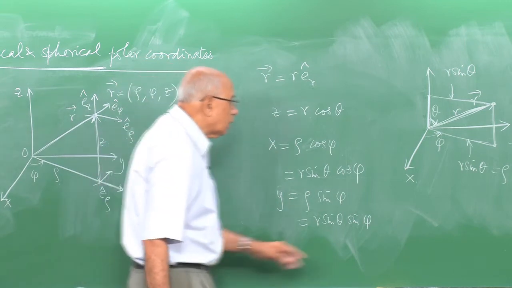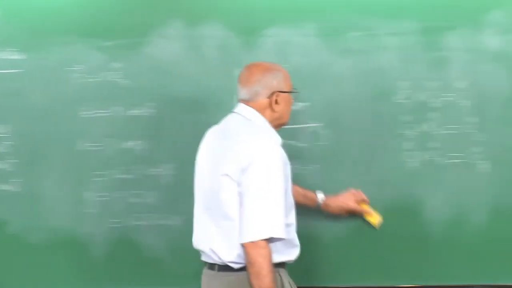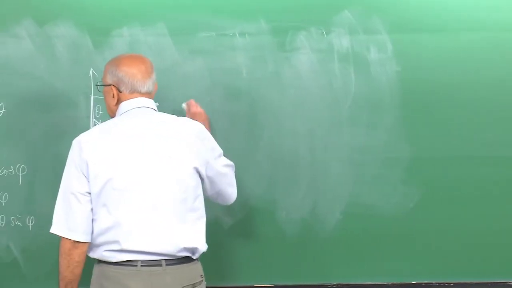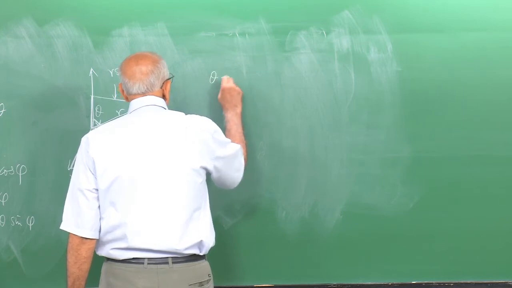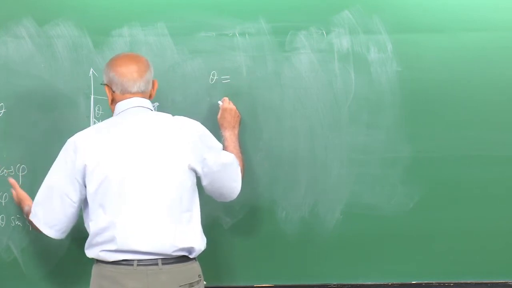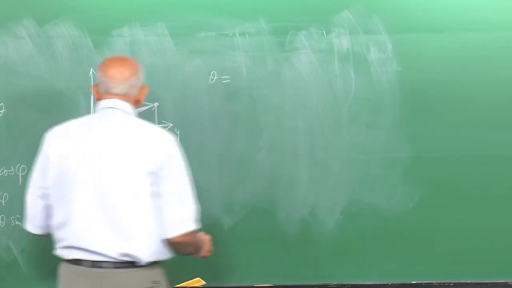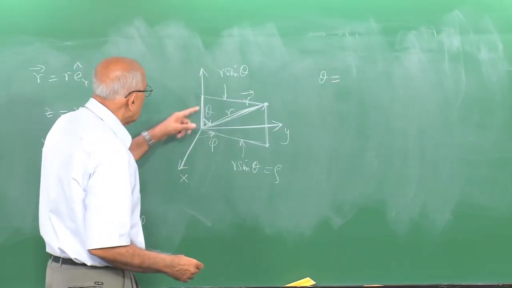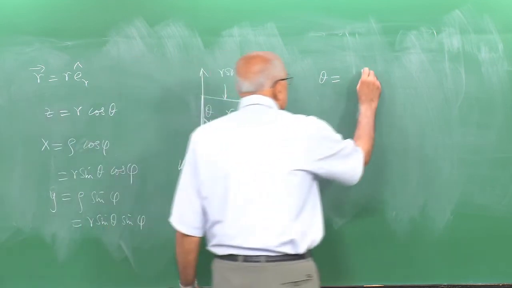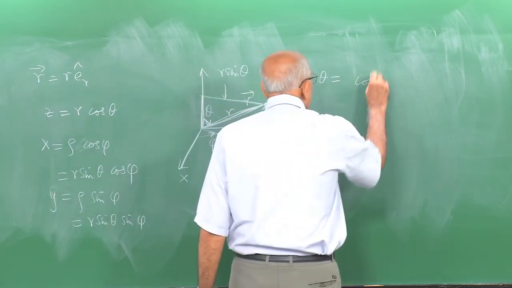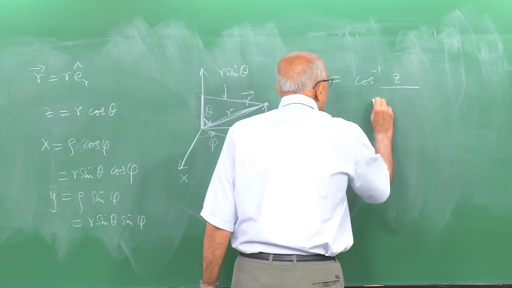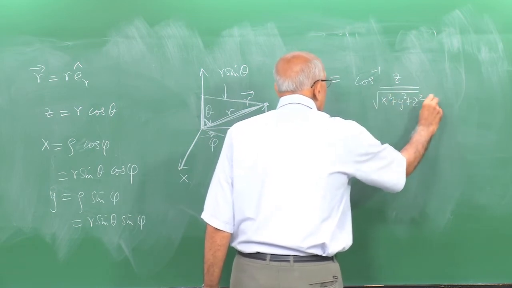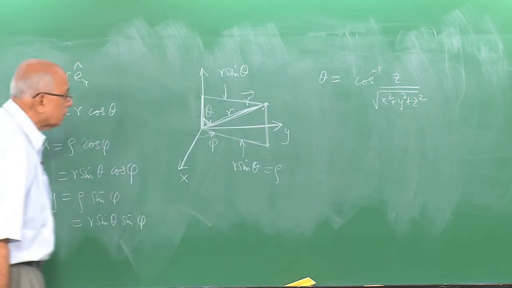Okay. And what are the inverse relations for this? The inverse relations are equally straightforward. It's immediately clear that theta is equal to cos inverse of z divided by r. You can write it in this fashion.